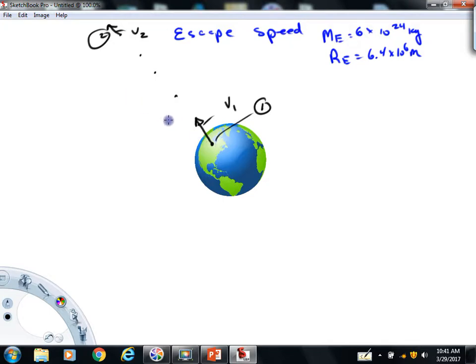Now, when you're looking at problems in mechanics like this, there's two main ways that we can analyze this object. One would be by Newton's second law. As this object is moving away from the Earth, the only force acting on it is the gravitational force, which by Newton's law of gravity is proportional to the two masses and falls off with distance squared.